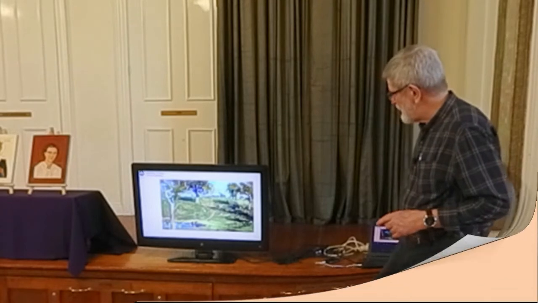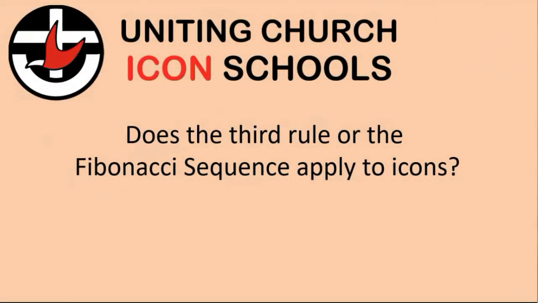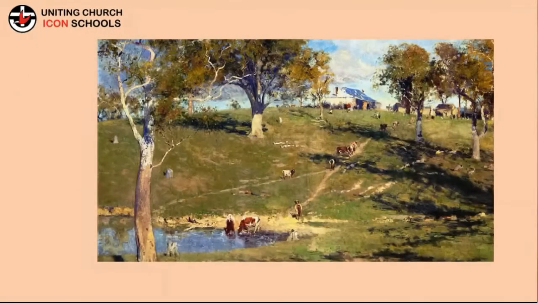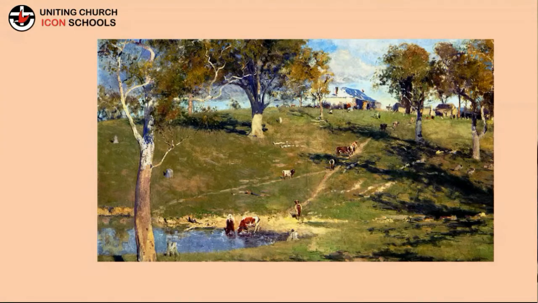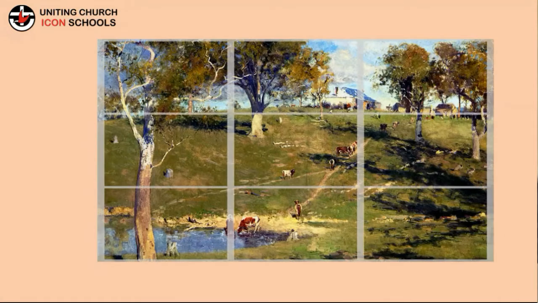So how might that look? Here's a painting by an Australian artist, Heidelberg School, and when we divide that into thirds, look where the horizon is, sitting on the third. So 2/3 is cows and grass, and 1/3 is sky.